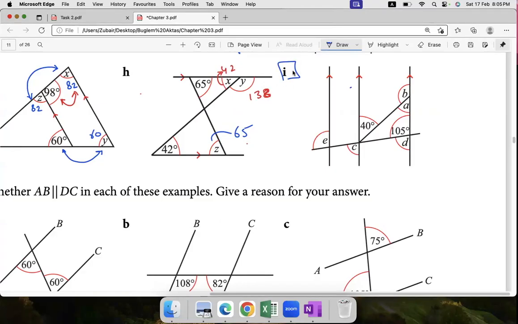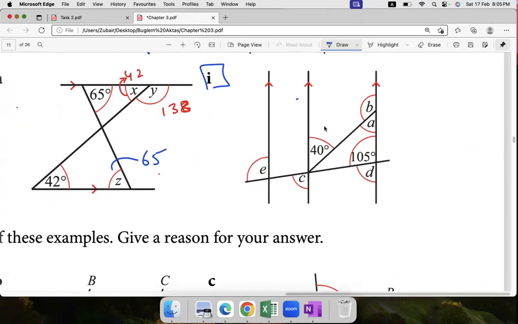Part I. C is 40. No. You're considering vertically opposite, but they are not vertically opposite. C is actually more than 40.